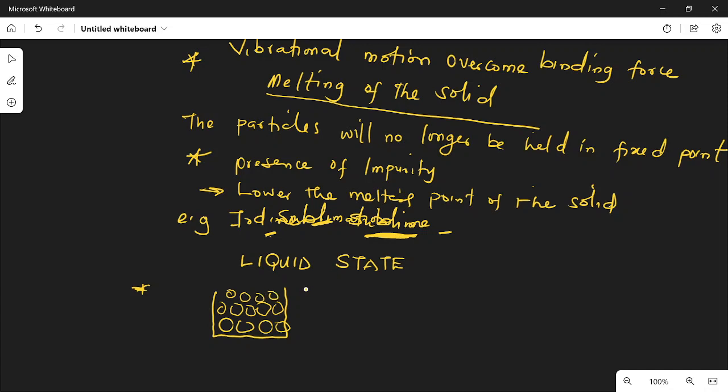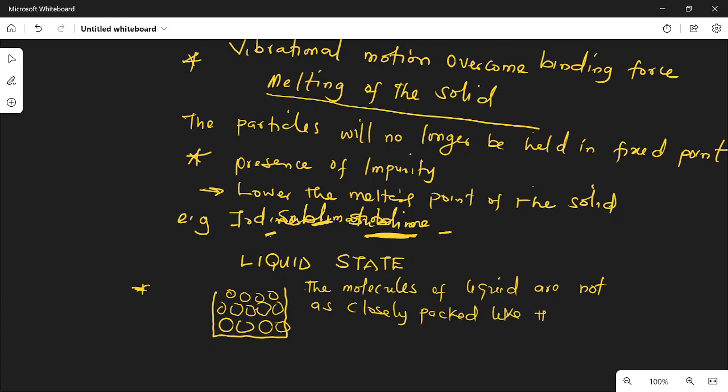So we can conclude that the molecules of liquid are not as closely packed as that of solid.